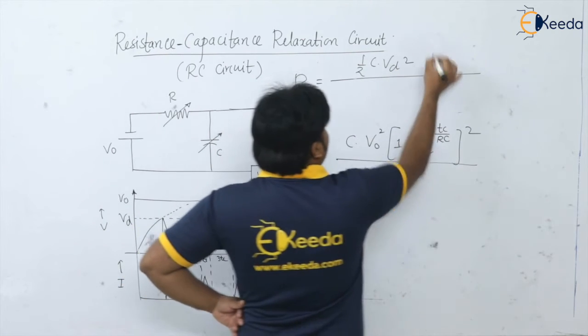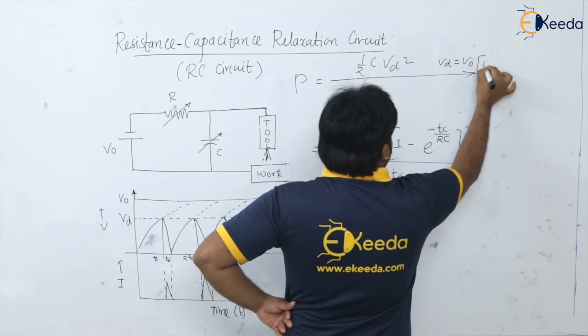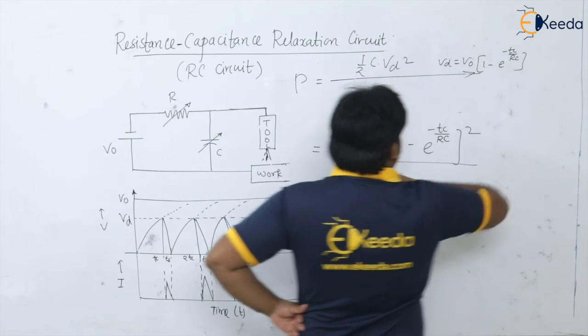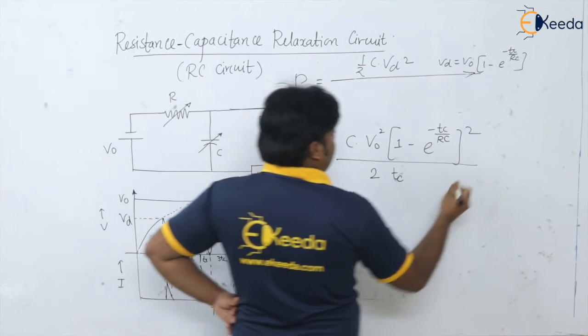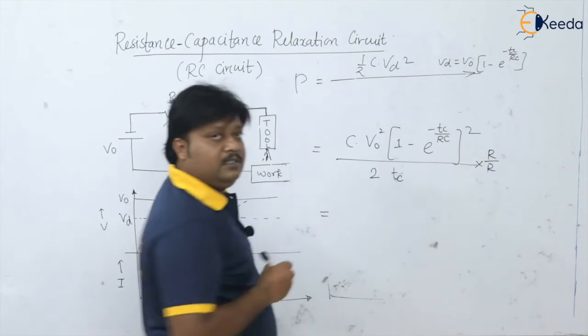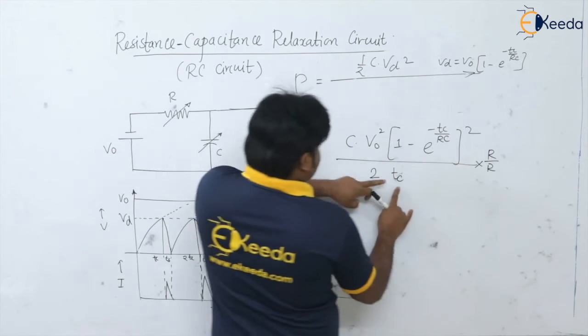VD, you know, is equal to VO into bracket 1 minus e to the power minus TC divided by RC. We know this, so we put the value here. Now see here, if I multiply and divide this equation by R, what will I get?